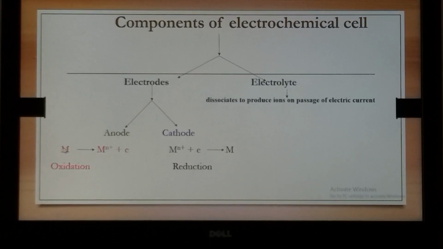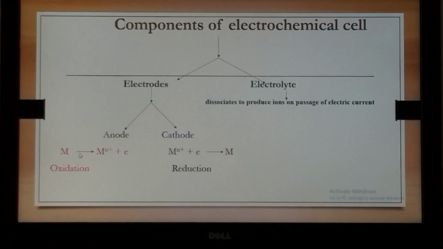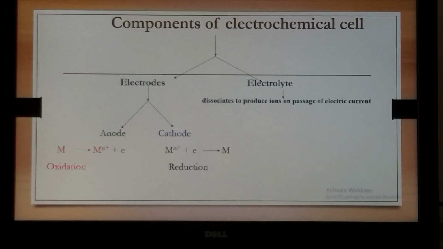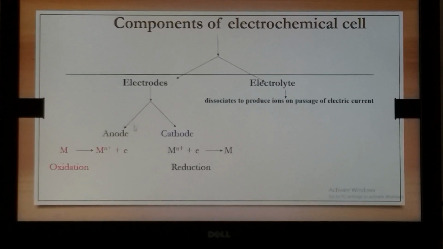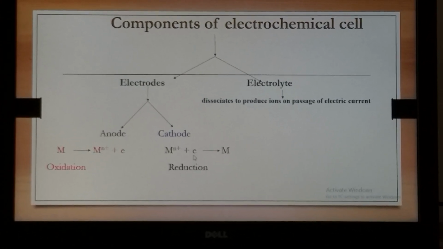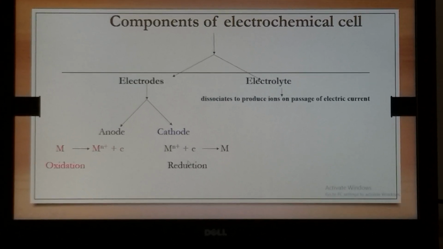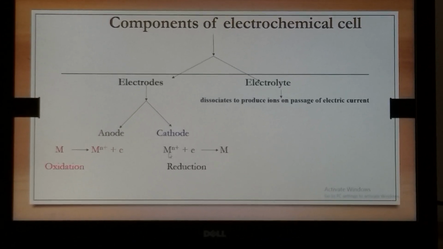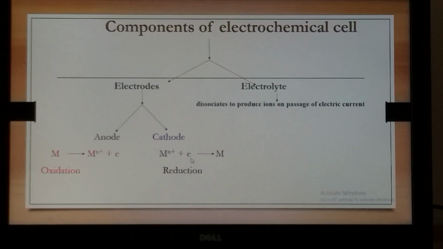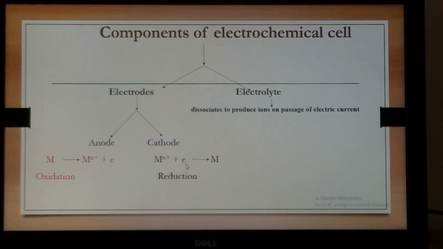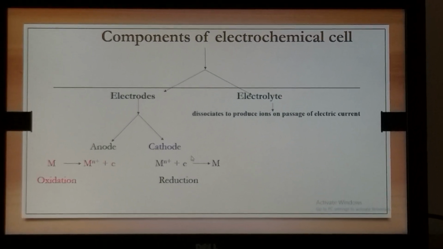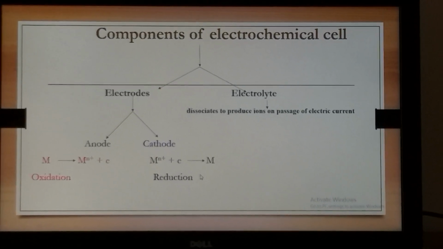The electrode, that is the anode, dissolves to produce metal ions with the loss of electrons. Whereas in the reduction, the metal ions of the electrolyte gain the electrons and get reduced to metal at the cathode, and this process is called reduction.